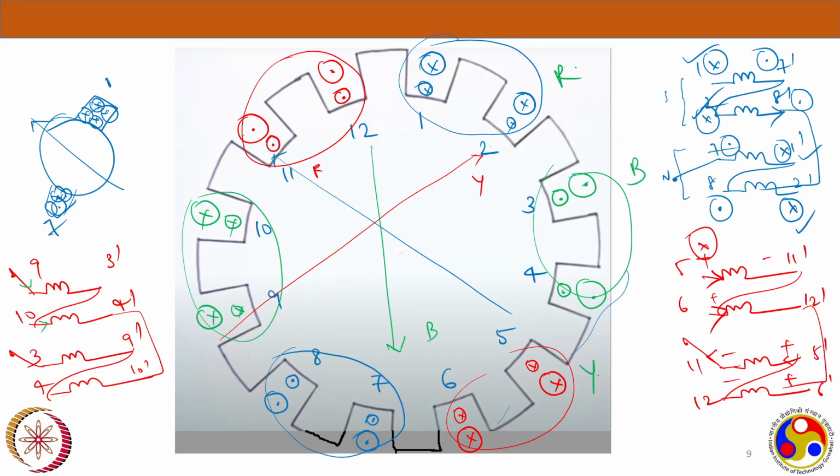That's how it is coming. So all these three you can assume are under a single pole, and these three are under another pole. Maybe if it's north, this can be south. So that's how they are distributed.